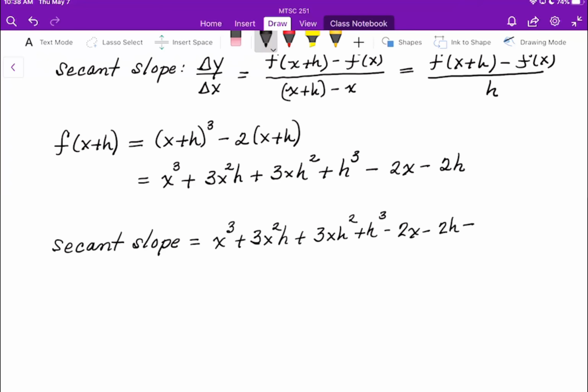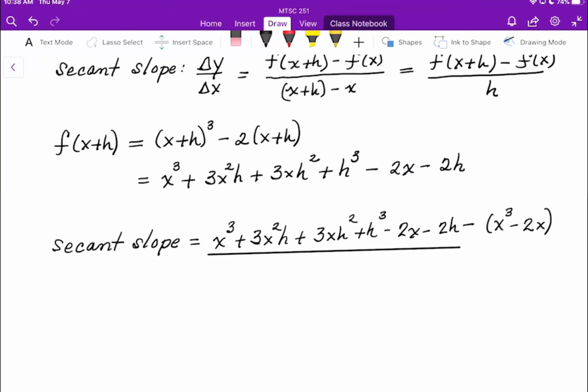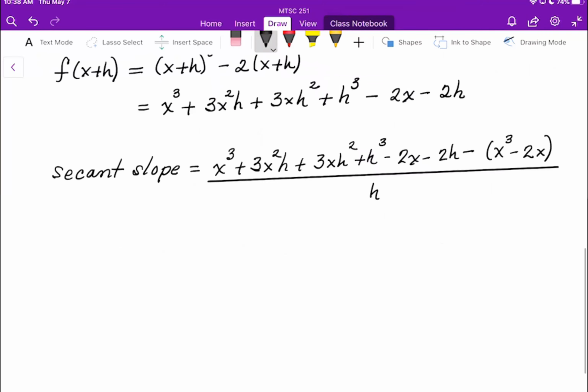And then we have to subtract off f of x, which is x cubed minus 2x. And this whole thing is over h.